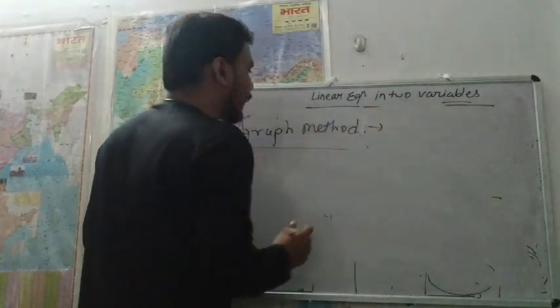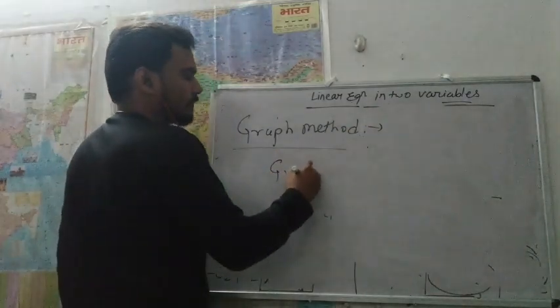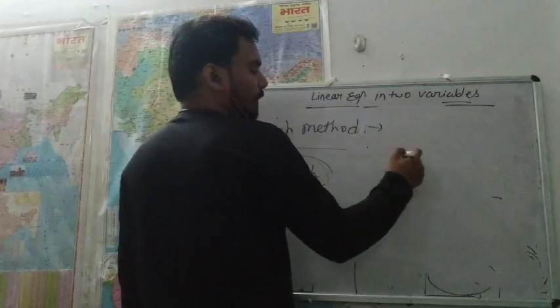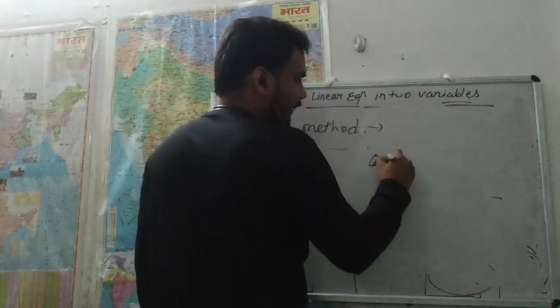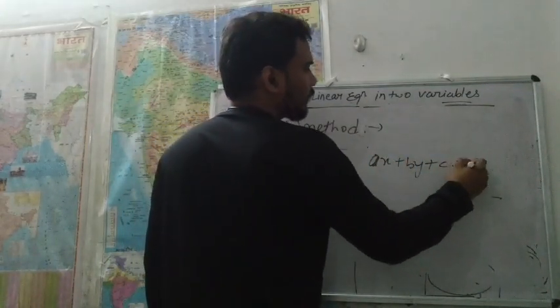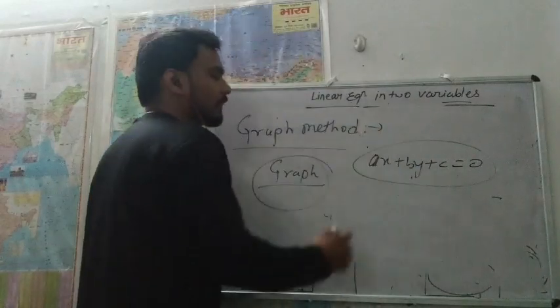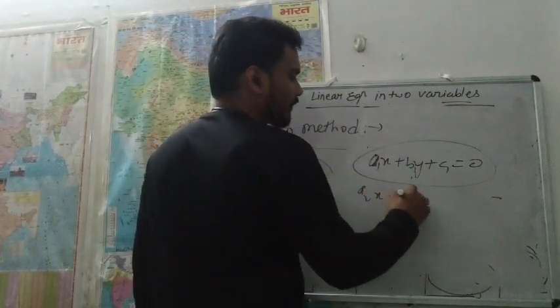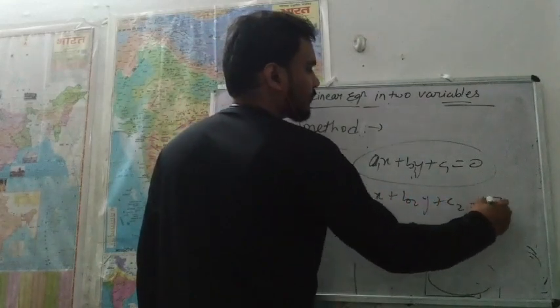This method basically requires graphs on which we have to place the particular equation ax plus by plus c is equal to 0, and a1x plus b1y plus c1 is equal to 0 and a2x plus b2y plus c2 is equal to 0.